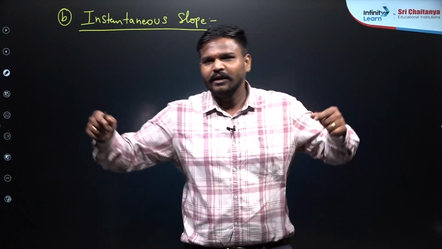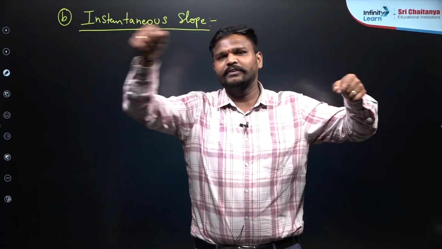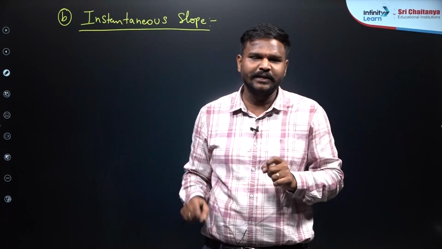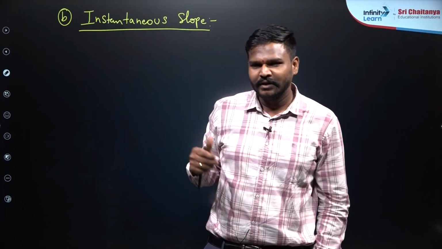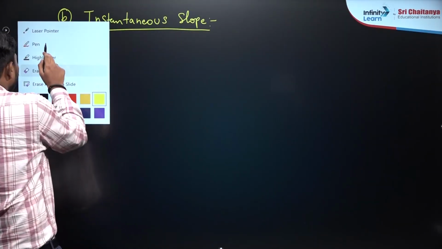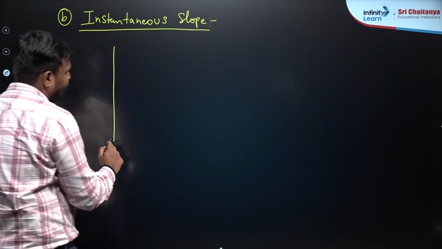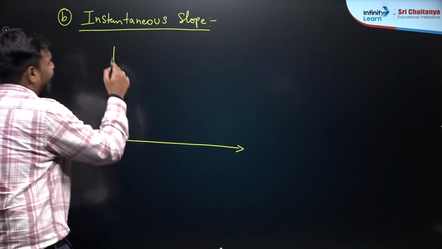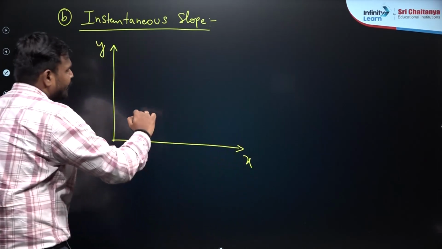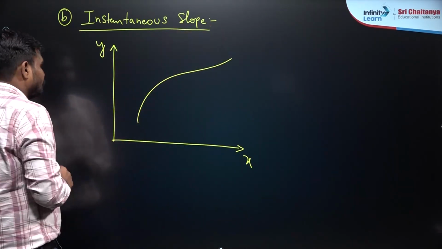Similarly, between two different points, that is the average value. At a particular point, if you take the speed, that is the instantaneous value. Same here, when I find slope between two different points, I call it average slope, and at a particular point it is called the instantaneous value.